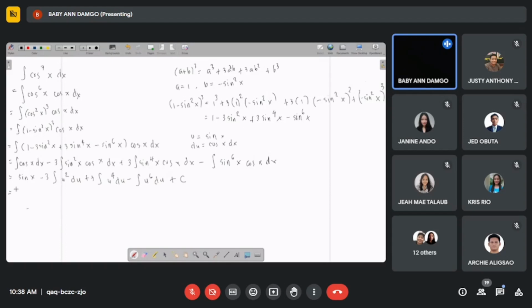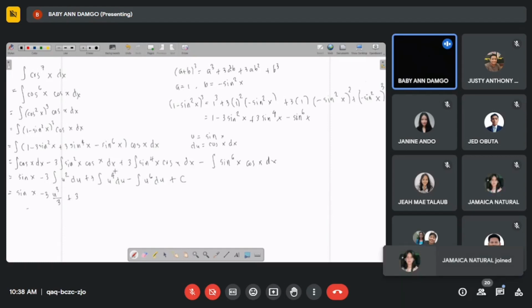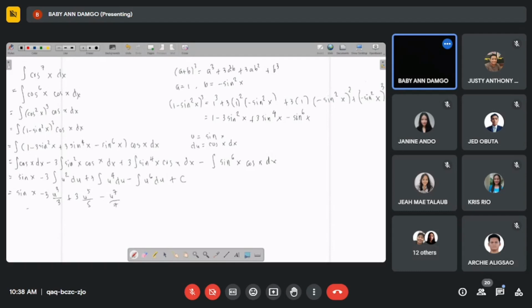Okay, so this is equal to sine x. So apply the power rule. So we have minus 3 u cubed over 3 plus 3 u to the fifth over 5 minus u to the 7 over 7 plus c. Okay, now substitute the value of our u, which is equal to sine x.